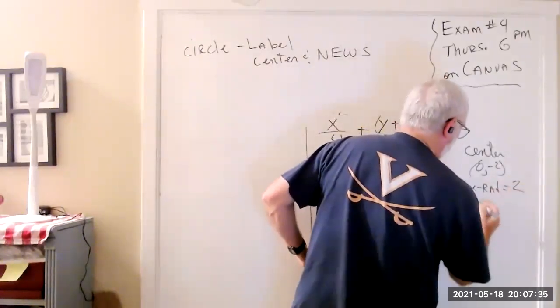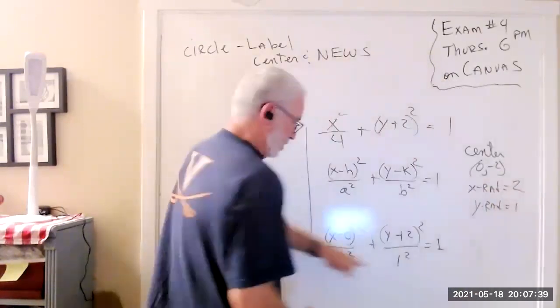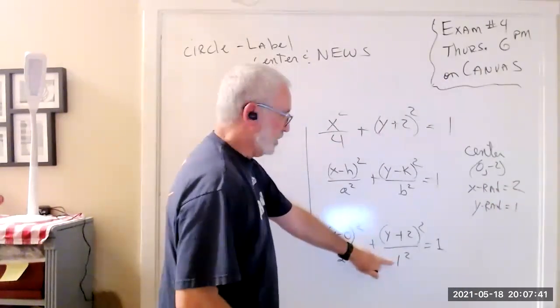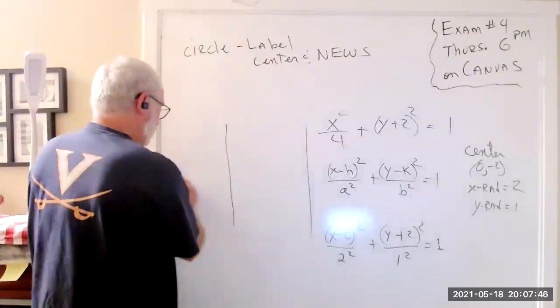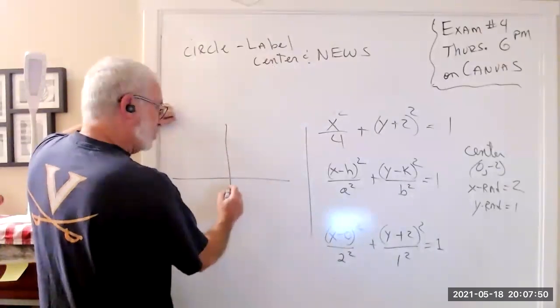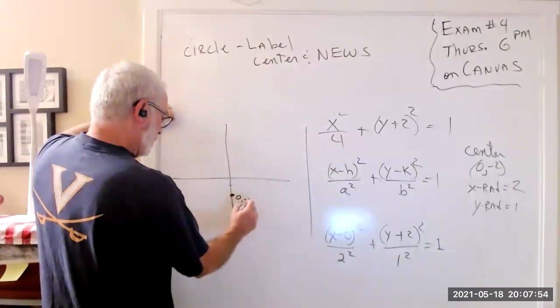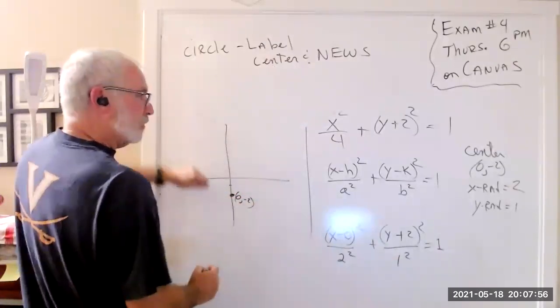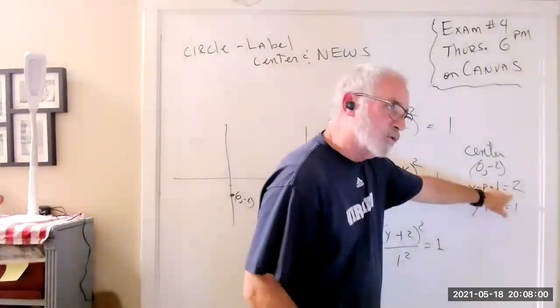And our Y radius is 1 because of that. So 0, comma, -2 is right about there. So in the X direction, we're going to go 2.